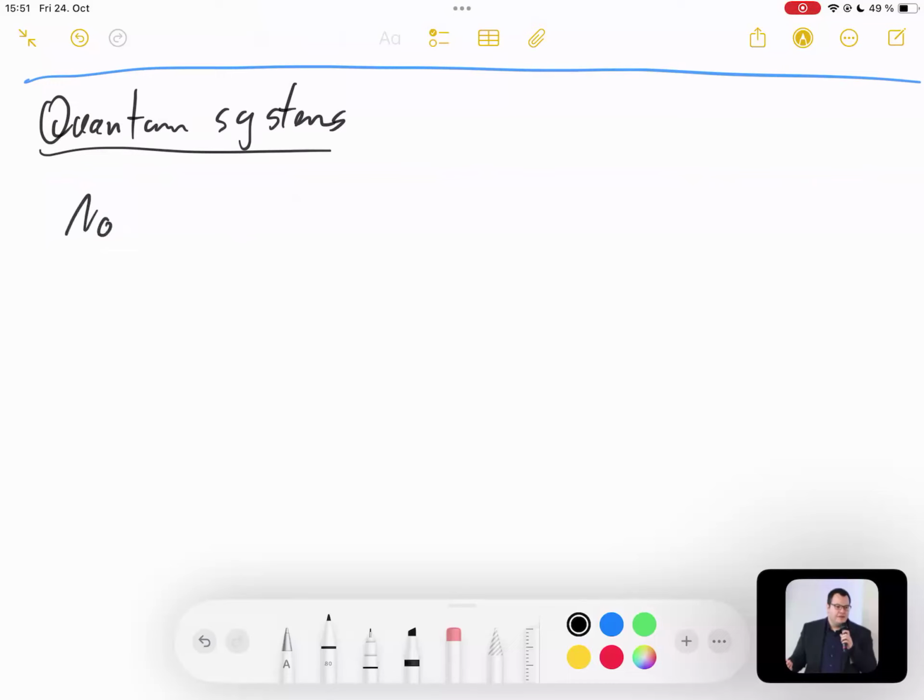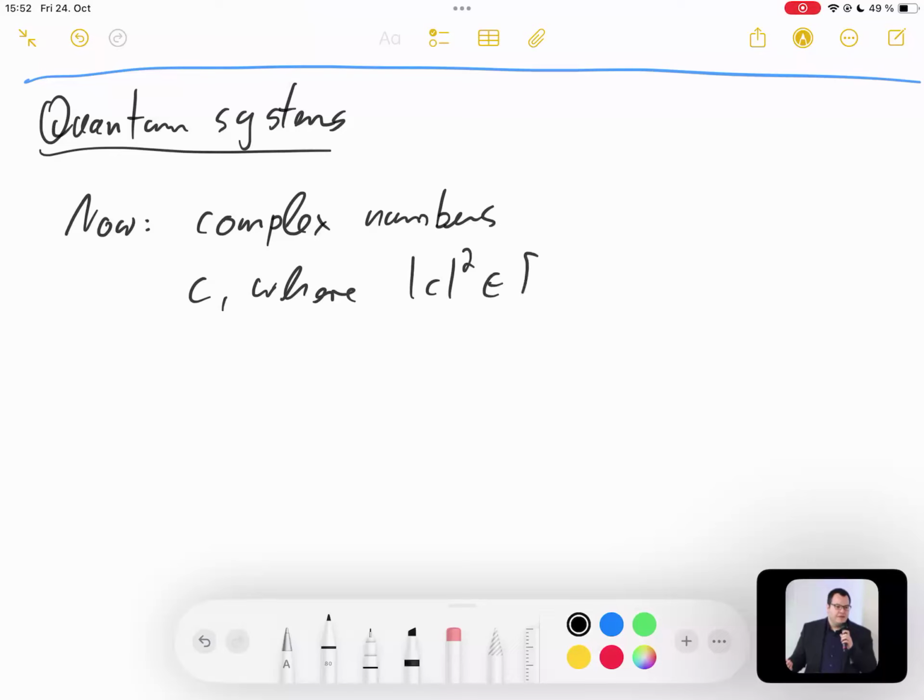So now complex numbers, and we will specifically deal with complex numbers like C, where the modulus squared of C is a real number between 0 and 1.